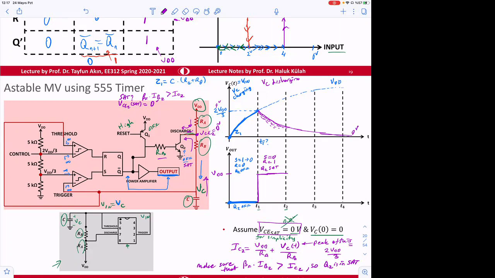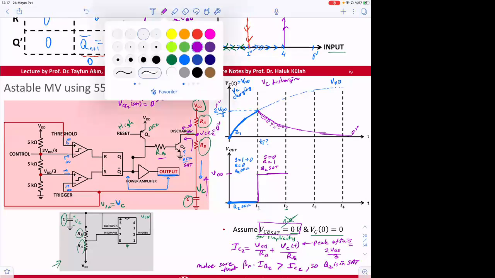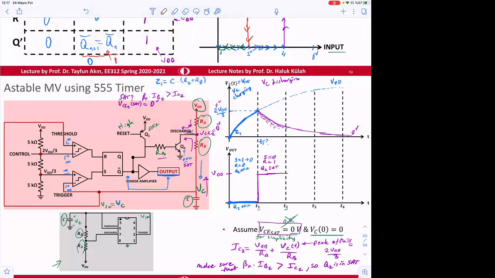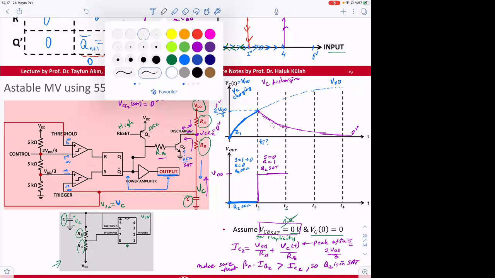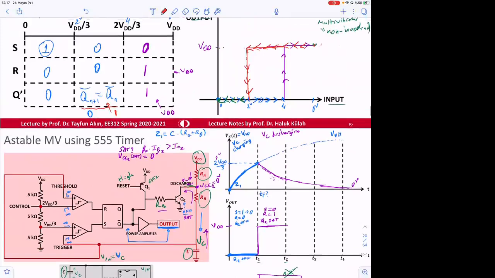Okay. So it is trying to reach 0. But things will change when?